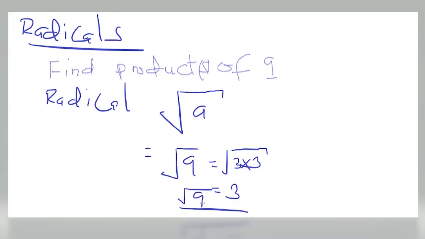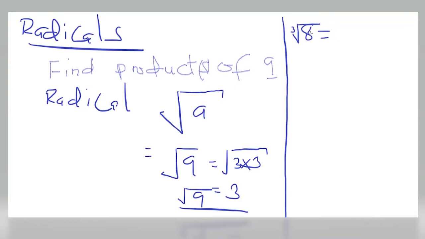Now, for example, assume you are given this expression, and here is 3. Do you know what this means? This means just look at the number which is inside the radical sign.